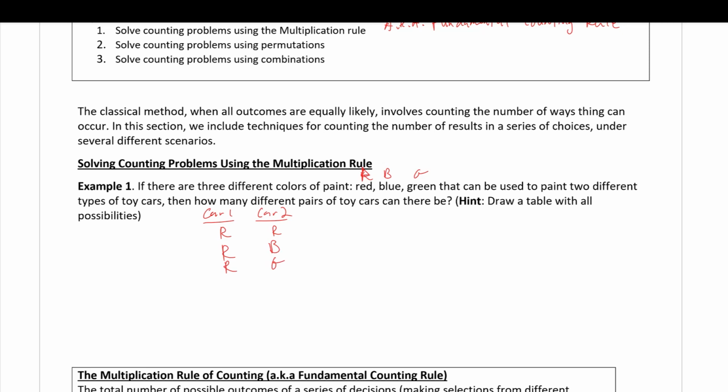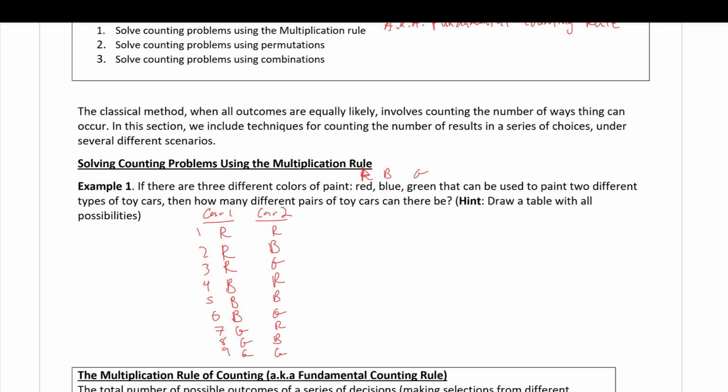So we go on to blue with red, blue with blue, blue with green, and then finally green with red, green with blue, green with green. So if we count those up, we get 1, 2, 3, 4, 5, 6, 7, 8, 9. Okay, so 9.